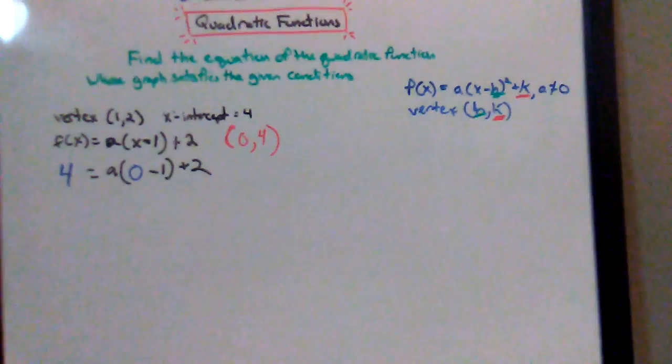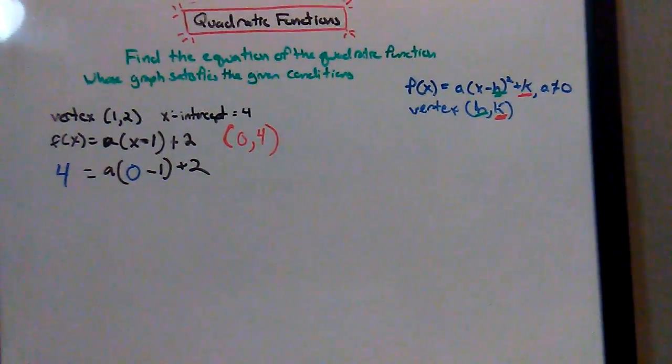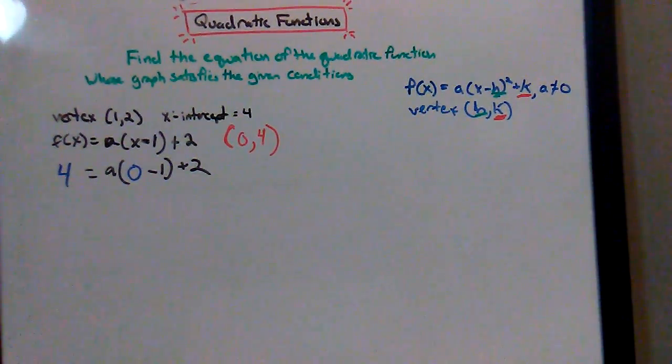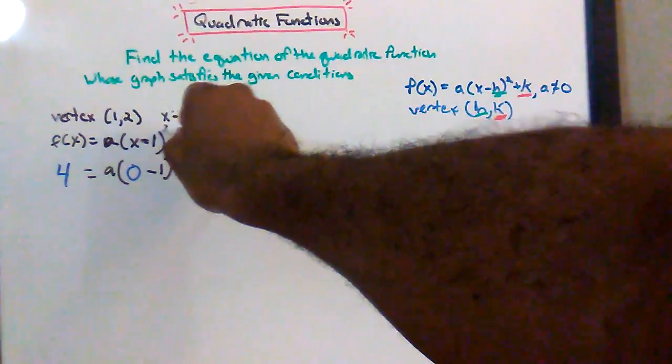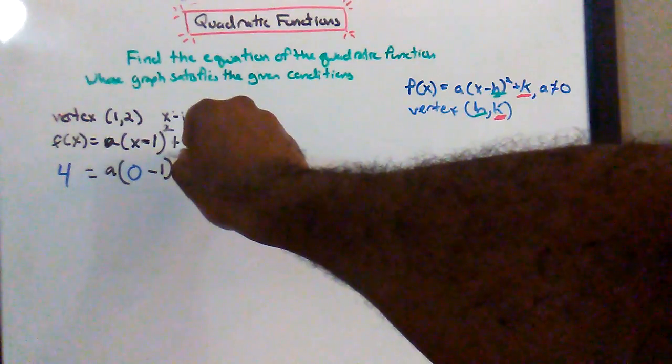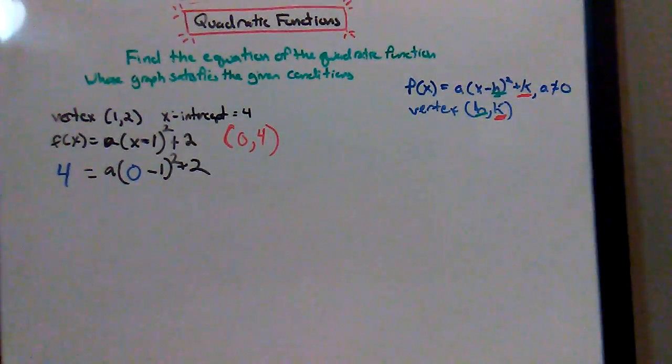Okay, everybody see that? I plugged in y, of course, which is the f of x, with a 4 and an x with a 0. Okay, just solve. So what's 0 minus 1? Oops, sorry, is it squared? Sorry, I forgot that squared part. Yeah, because quadratic, you gotta have your square.